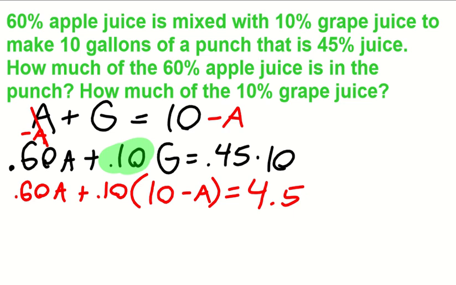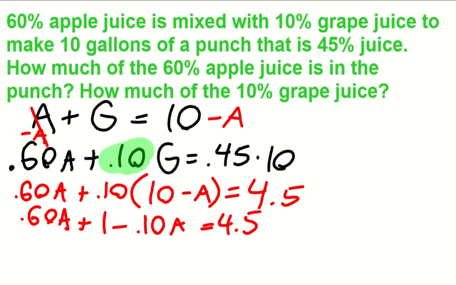I distribute. 0.60A plus 1 minus 0.1A equals the 4.5.